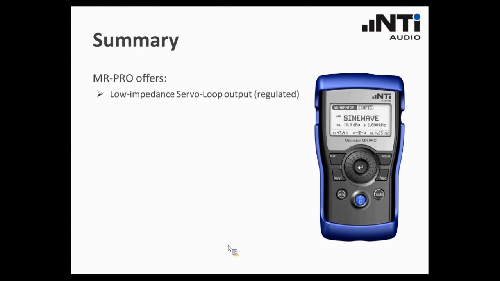So let me summarize what I have shown to you. This very powerful feature of the low impedance servo loop output, it's actually 12.5 ohm output impedance. We can achieve up to 18 dBu maximum output level with an MR-PRO, which is pretty exceptional for a handheld battery-powered device.